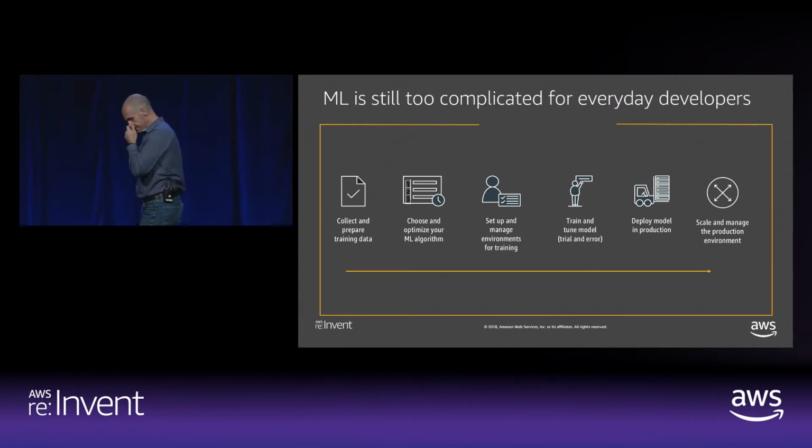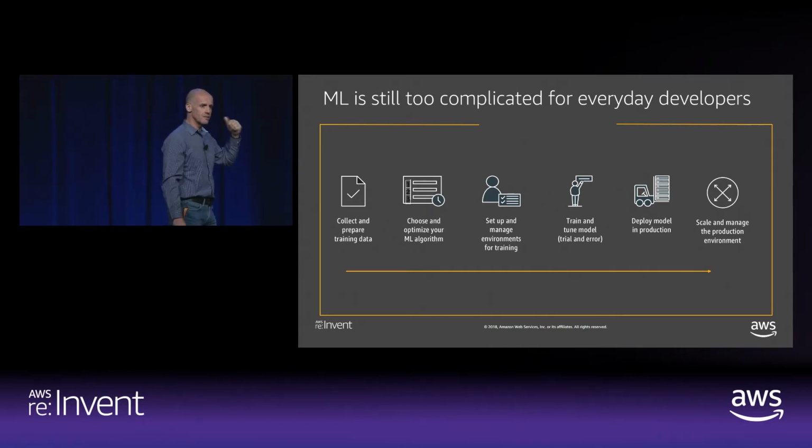So let's start with one statement. ML is complicated. I believe so. If you believe so, raise your hand. I see a few hands. It's complicated because it encompasses a number of steps, each one difficult in its own complexity.